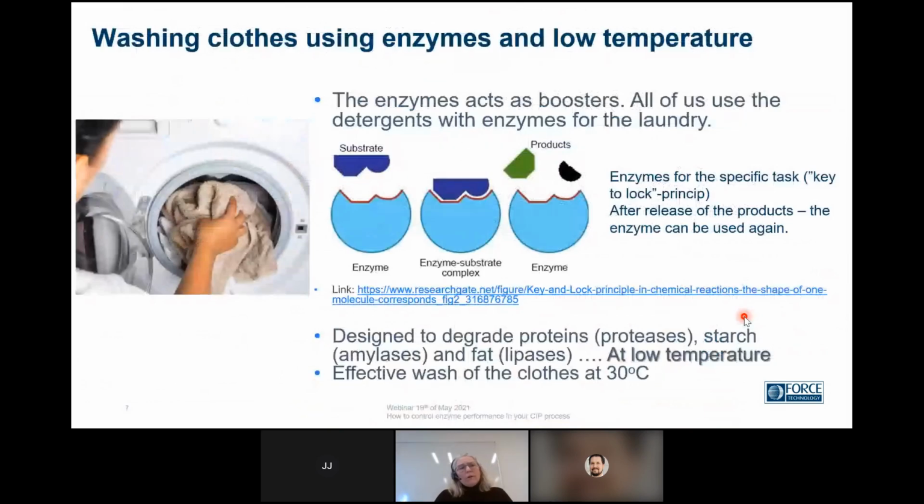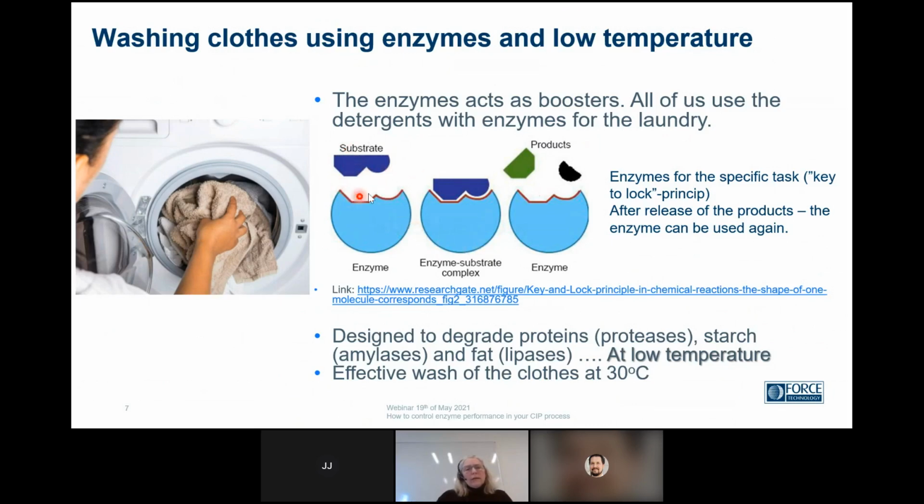When we have a look at the washing of our clothes, we are using enzymes and low temperature. The enzymes act as boosters, and we can wash our laundry at low temperature. When we're looking at the enzymes, we have the enzyme here and we have the substrate, the soil.